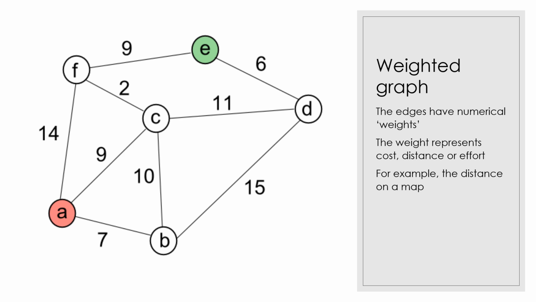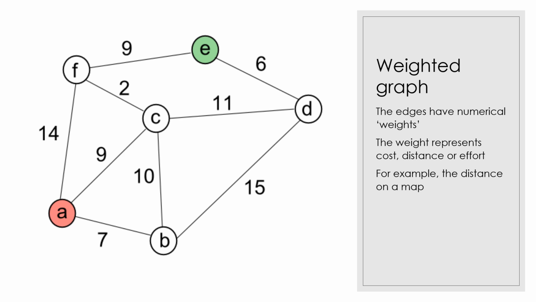So you'll see that the edge that connects A to F has a weight of 14, and the edge that connects A to C has a weight of 9. They're drawn at more or less the same length on this picture, so it's not to scale.